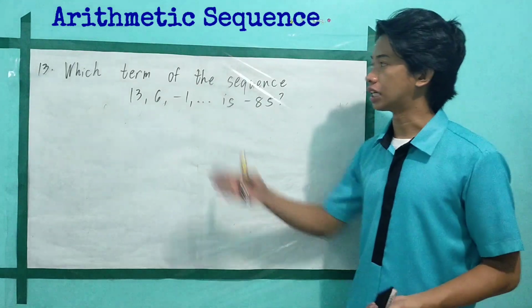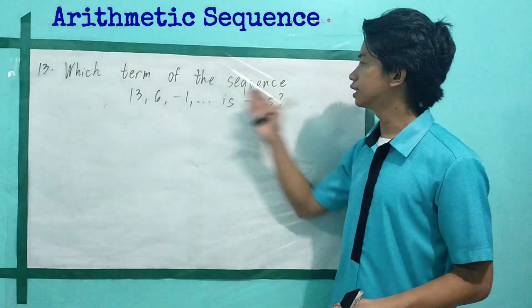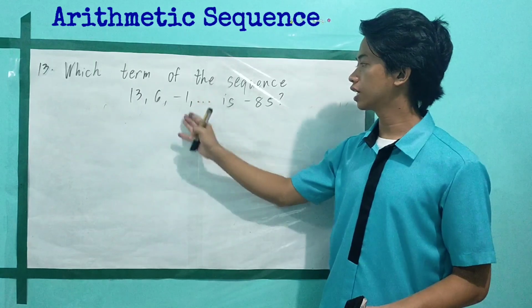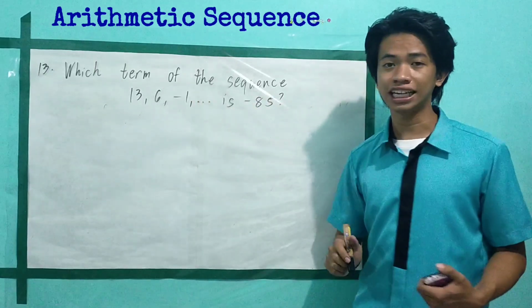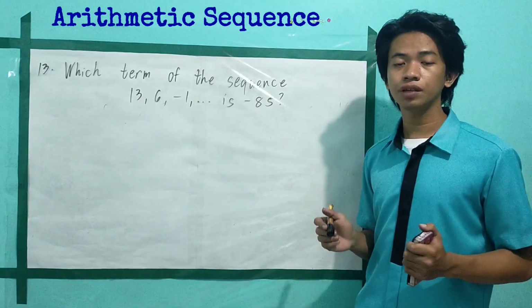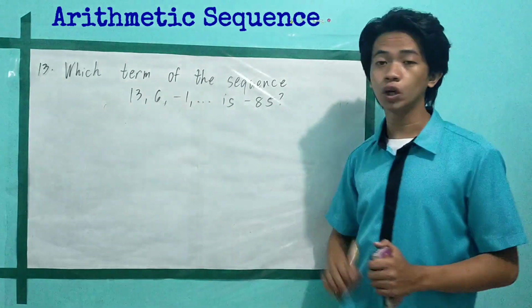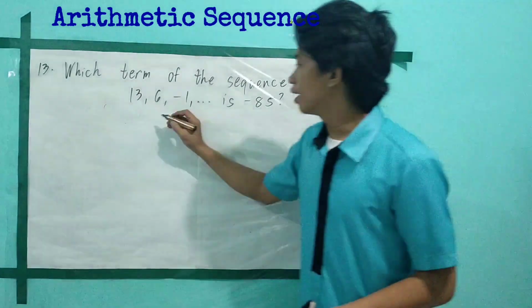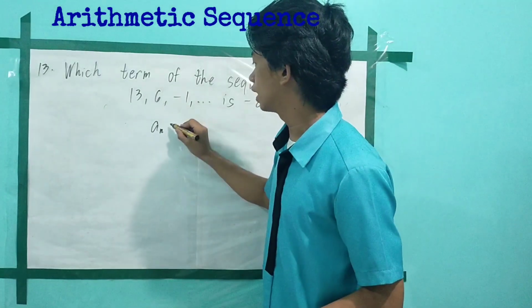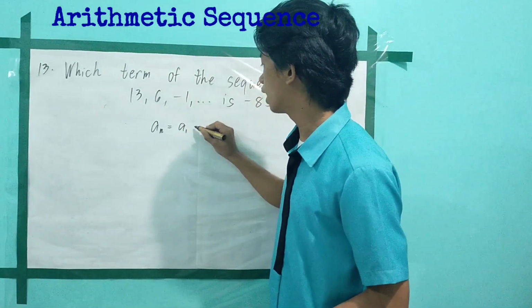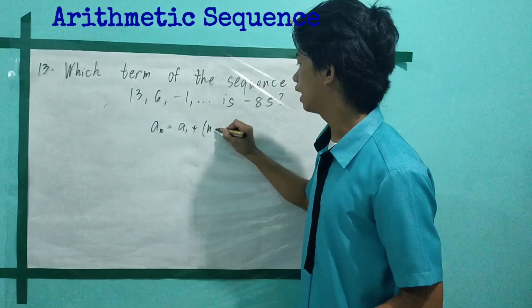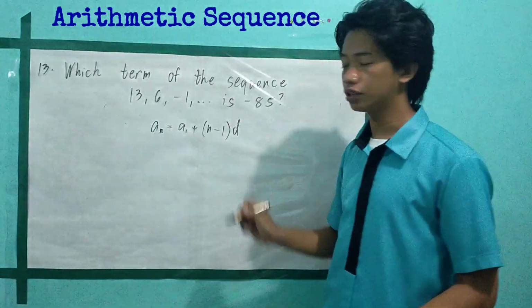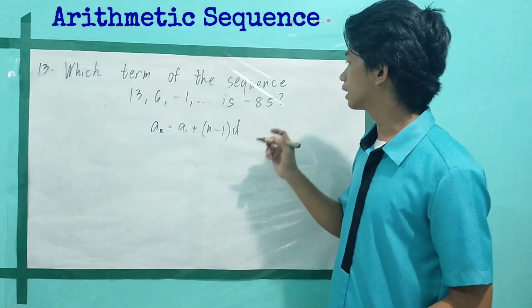Problem number 13. Which term of the sequence 13, 6, negative 1, ellipsis is negative 85? So, ang hinahanap dito kung pang ilang term yung negative 85. So, using our formula of an arithmetic sequence, a sub n is equal to a sub 1 plus n less 1 multiplied to the common difference. Substitute lang natin.